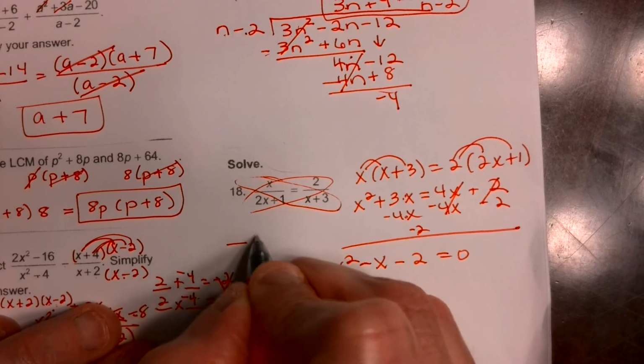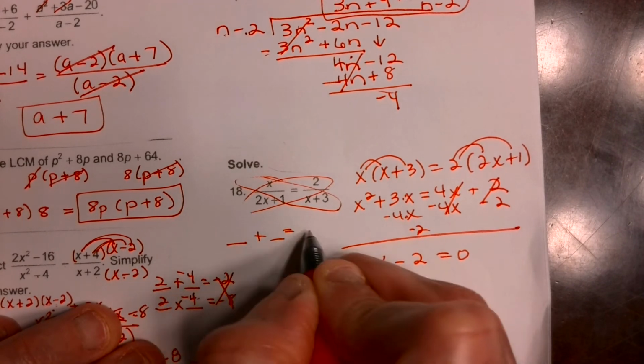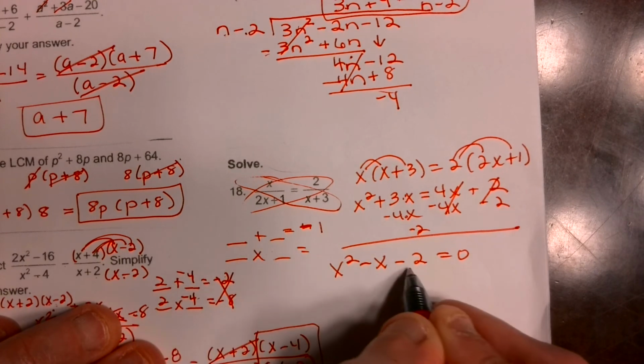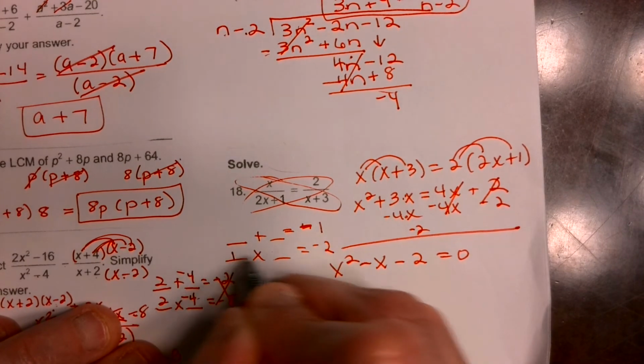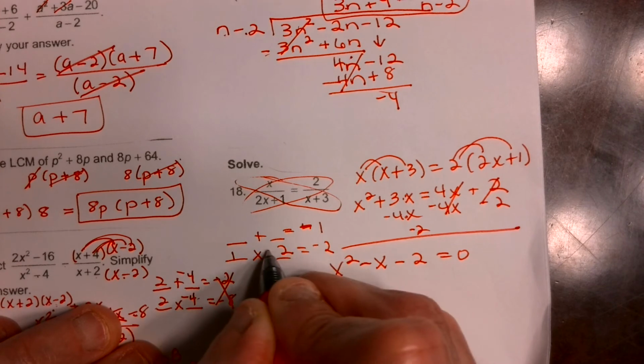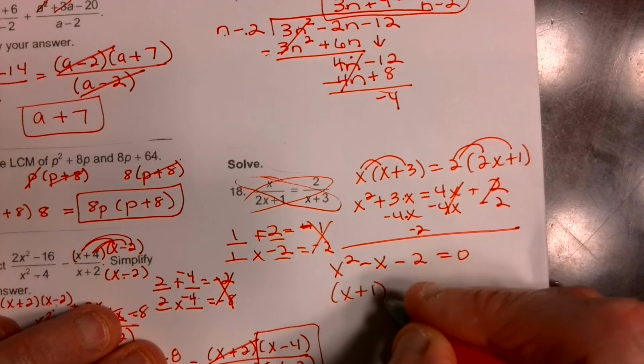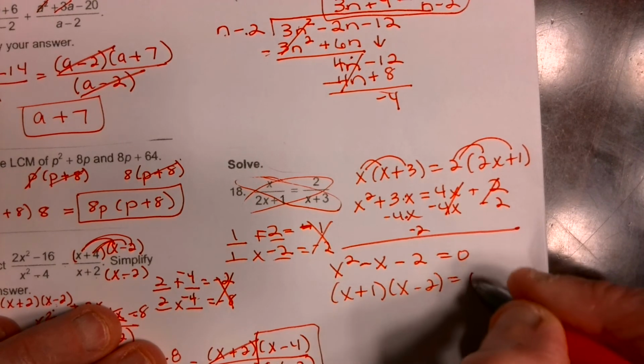So I need two numbers that add to give me a negative 1, and two numbers that multiply to give me a negative 2. 1 and 2, both negative. So that does factor: x plus 1, x minus 2 equals 0.